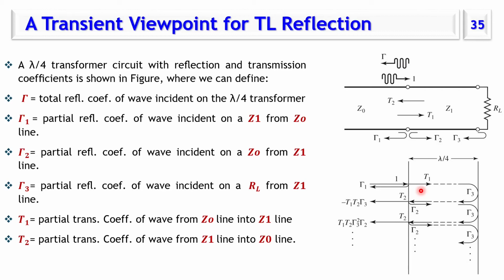The main idea here is that the electromagnetic wave doesn't see the future. If the wave is propagating, at any point it just sees what is happening at that point. It doesn't know how far it is from the load. The wave propagates until it reaches the load. When it reaches the load or any other discontinuity, it will start to respond.